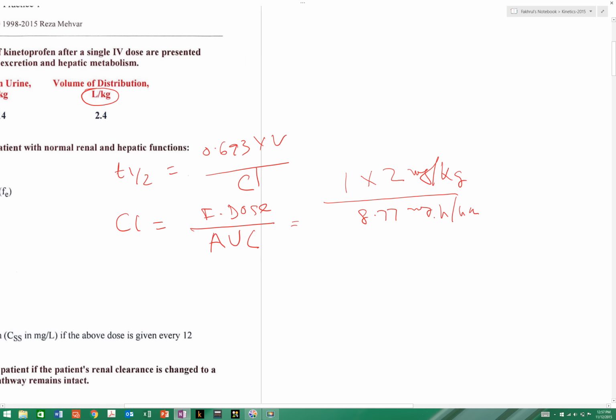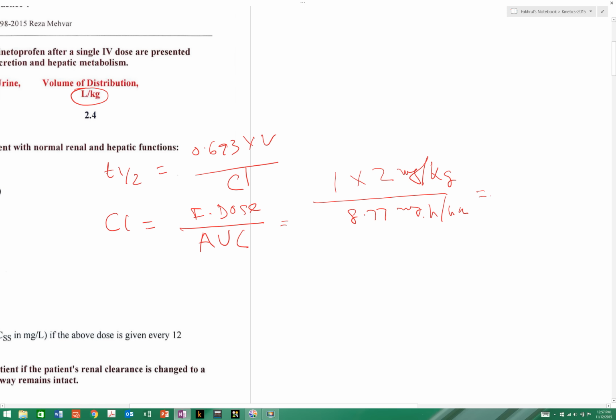From this we can calculate clearance, 0.22805.